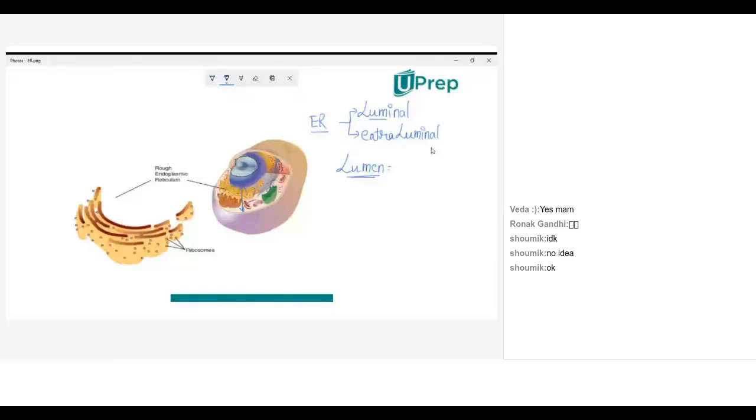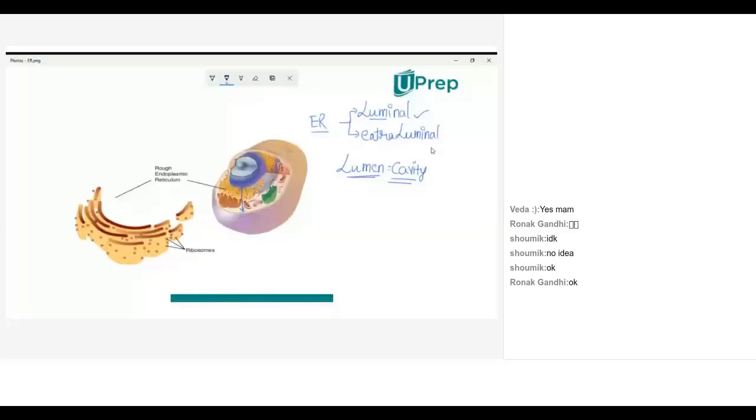If you take the whole cytoplasm, the cytoplasm which is there inside the endoplasmic reticulum, like this, this is nothing but the cytoplasm, isn't it? So the cavity of the cell, the cytoplasm of the cell inside the endoplasmic reticulum, is called the luminal side of the cell.